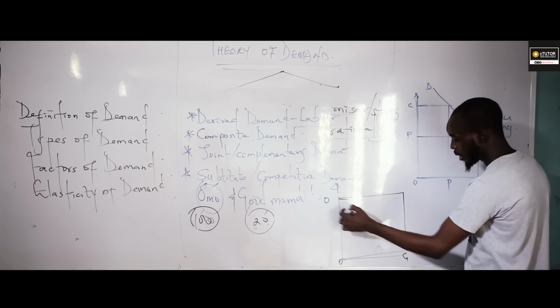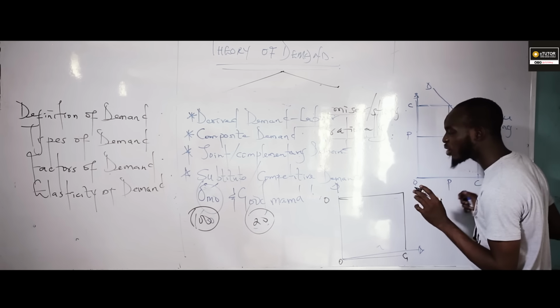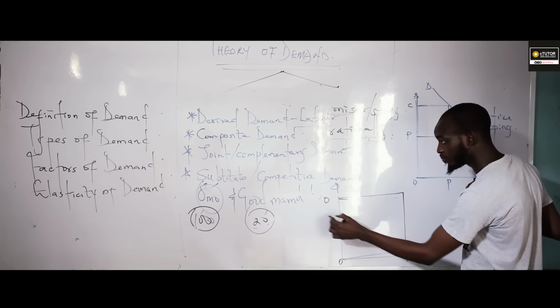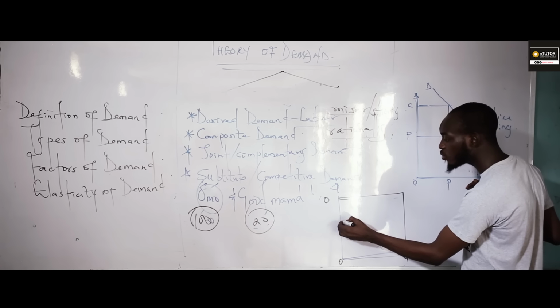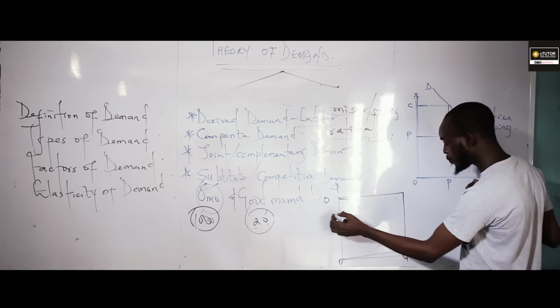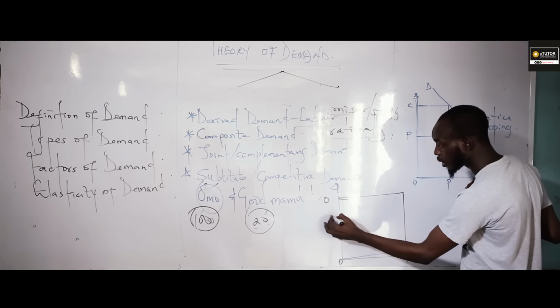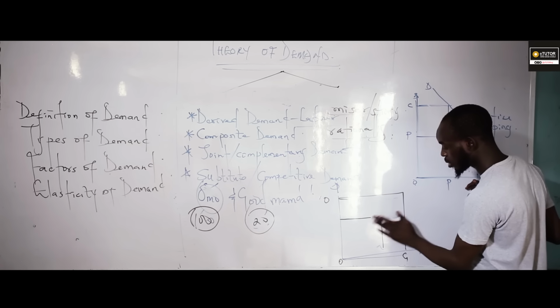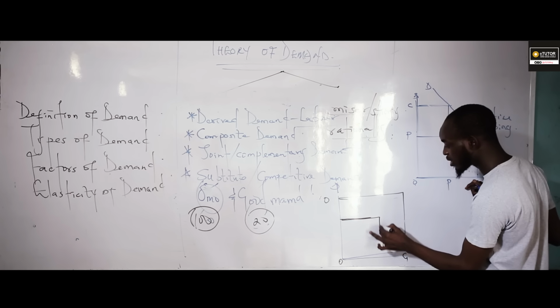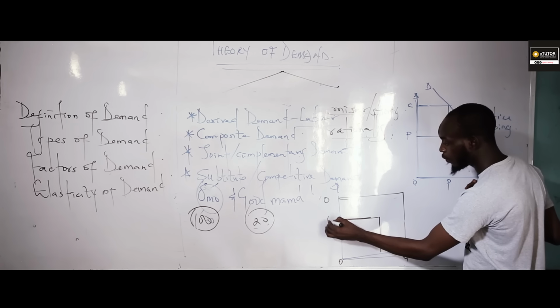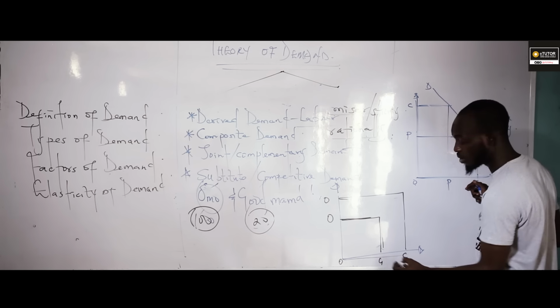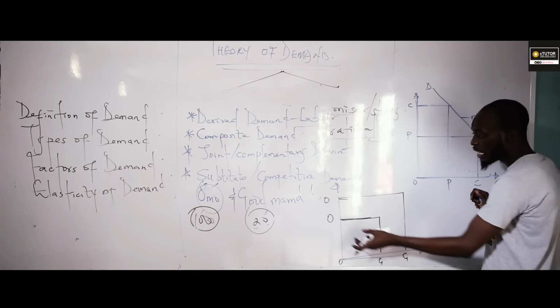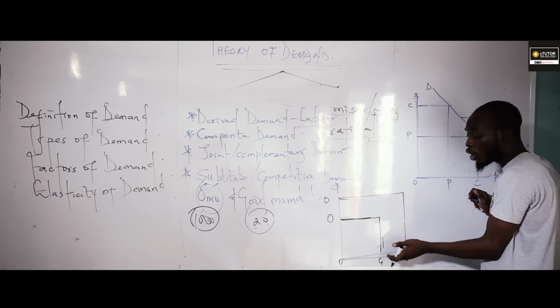Now let's take for instance, the price of Omo now reduces from O, and we have G. What will be the effect on Good Mama?